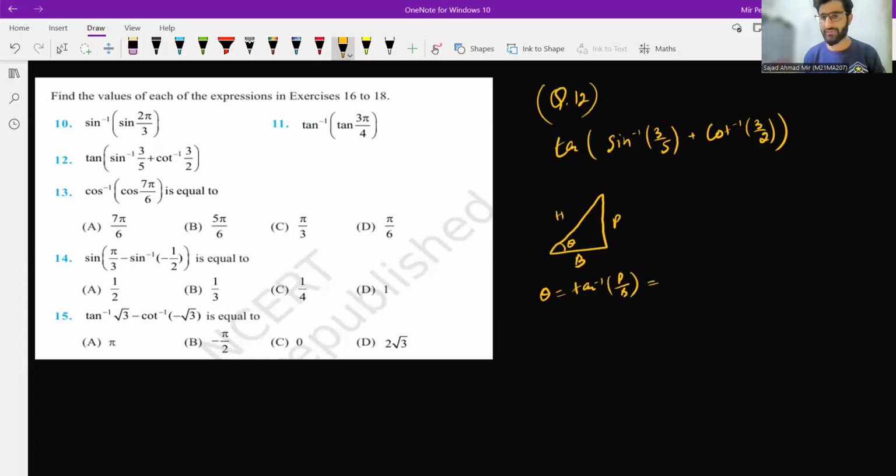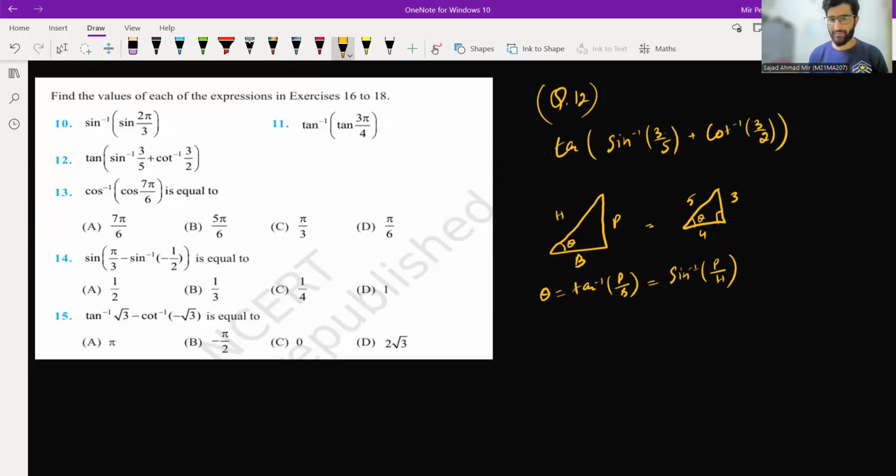This can also be written as sine inverse of perpendicular by hypotenuse, right? So if we have a triangle, from here sine is 3 by 5, then the base will be 4, the right angle triangle, if this is theta.